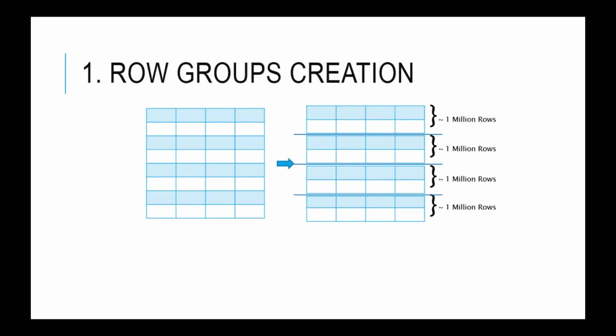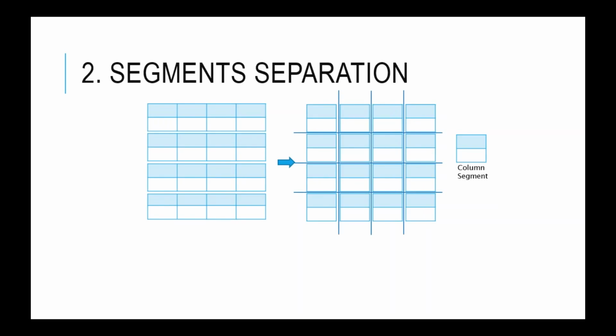For 4 million rows, in the best case, we will have these 4 horizontal row groups. Then we will split all of the columns from each other, and we will create the meta connections between the values of each column that belong to the same row group. And the values for one specific column, for one specific row group, are called a column segment.